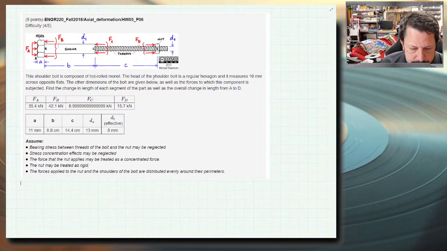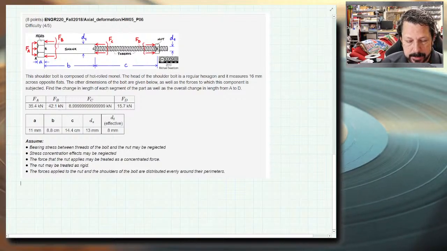All right, so this is just pure change in length, axial deformation. And the tricky part is that there are all these different areas and these weird cross-sectional areas. It's got some assumptions. Bearing stress between threads of the bolt and the nut may be neglected. So if you were actually tightening the bolt down, this nut would be stretching out the threads inside the nut.